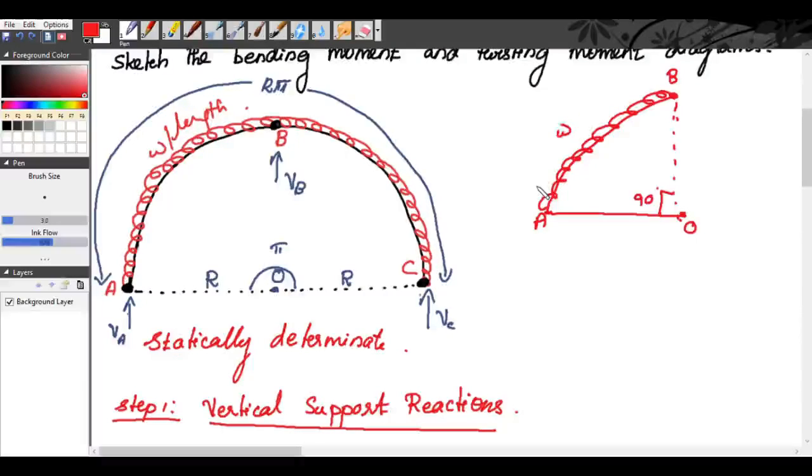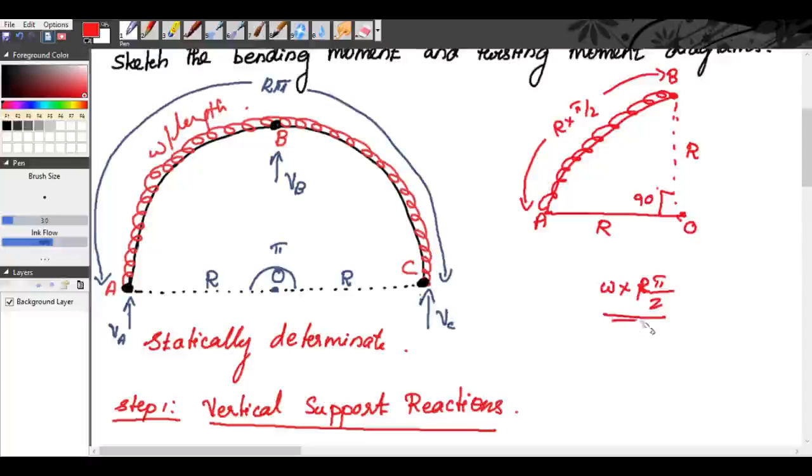OA is R, OB is R, so AB is R into pi by 2, R into the angle subtended, that is 90 degrees. So R into pi by 2. Now what is the load? That is W. So we get W into R into pi by 2.